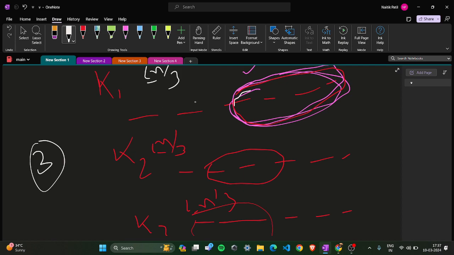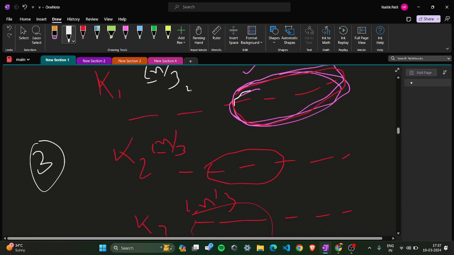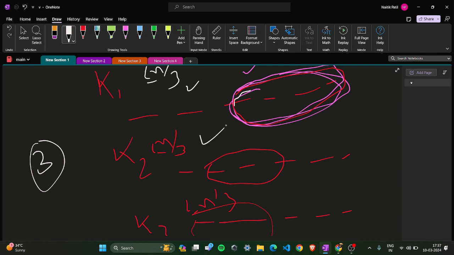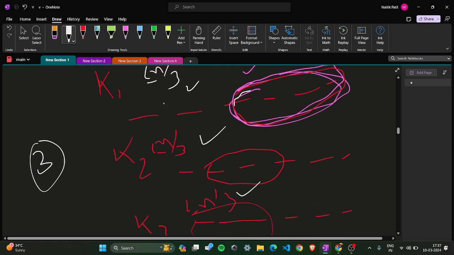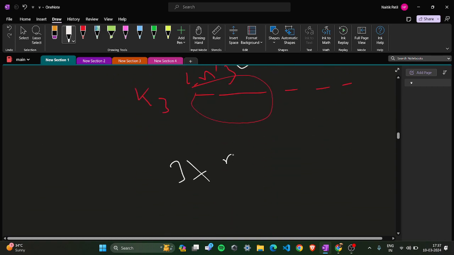If for any cyclic shift we are getting the desired permutation, then those elements are removed from our consideration for other cyclic shifts, and we just require 3 into n by 3.